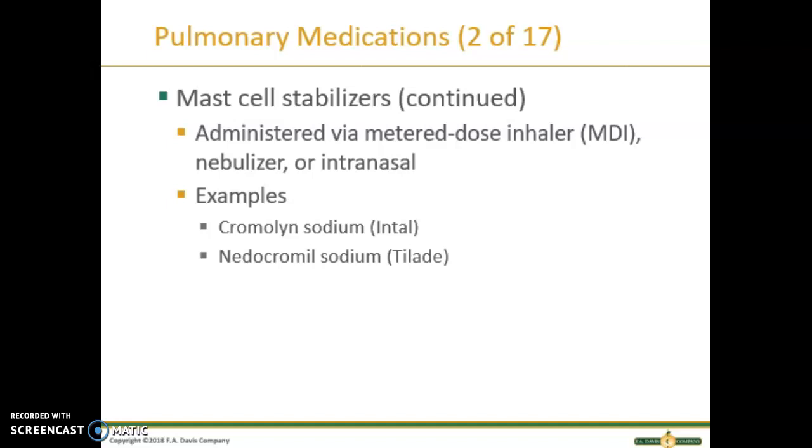They are administered via metered dose inhalers, MDIs, nebulizers, or intranasal. And when we have our discussion during our second semester about medication administration via inhalation, we'll learn more about MDIs, and we've already worked on nebulizers, and then we'll also talk about the intranasal.